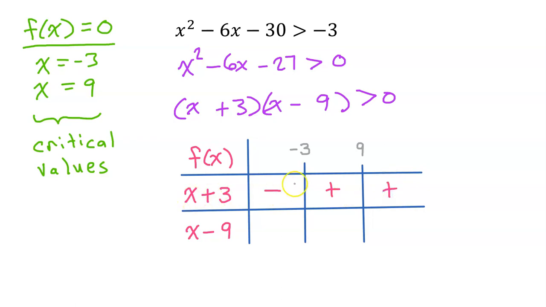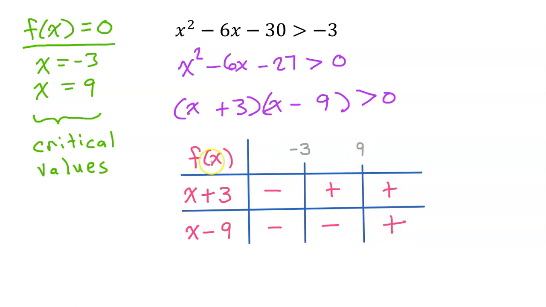For example, if x is anything bigger than negative 3, like let's say 0, then we have 0 plus 3, which is positive. If you pick any number to the left of negative 3, for example, negative 4 plus 3 would be negative 1. Similarly, x minus 9 is equal to 0 right at 9. This factor will be negative to the left of 9 and positive to the right.